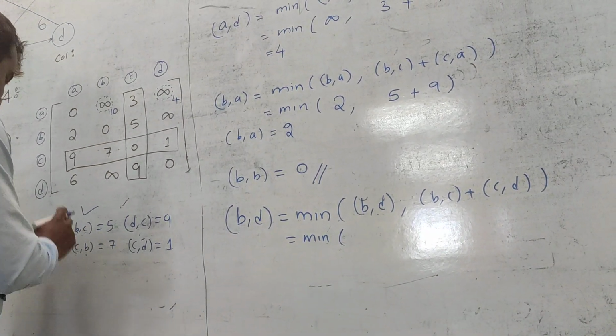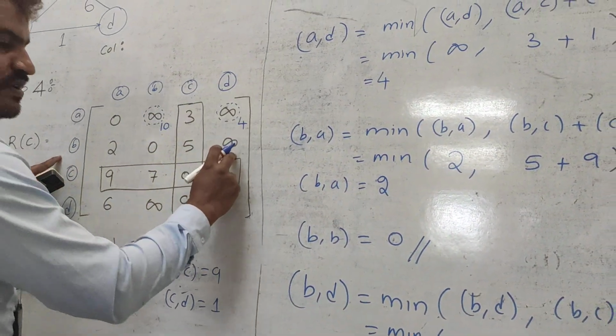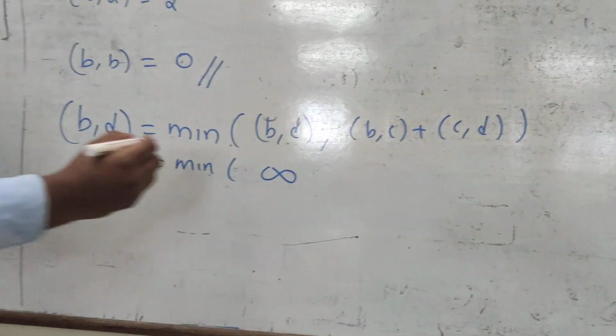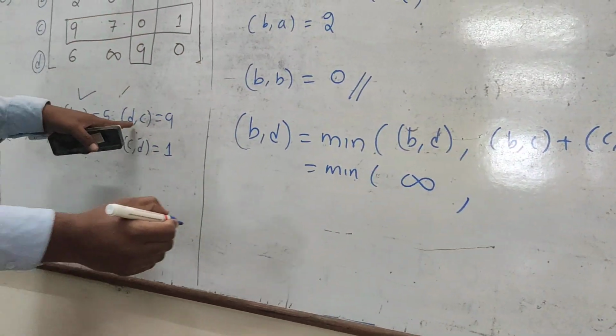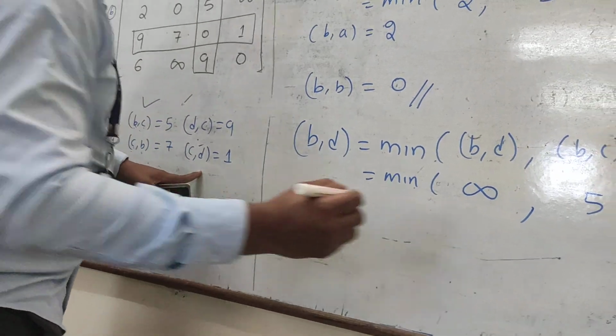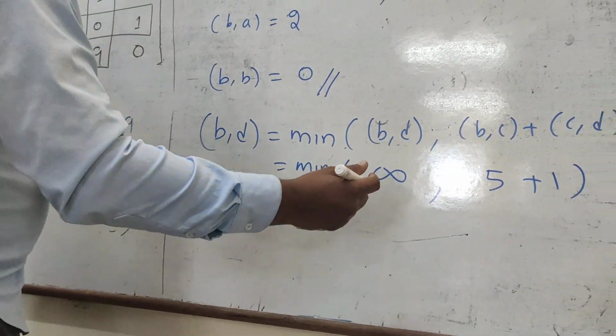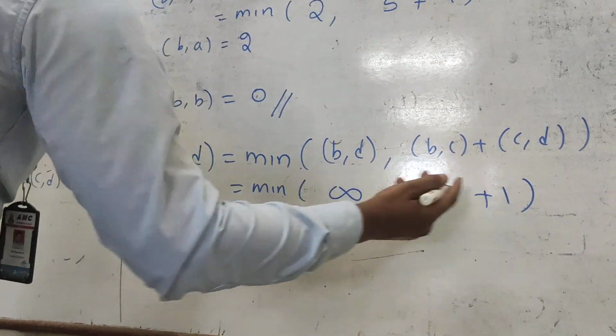B to D is infinity. Then B to C is 5 plus C to D is 1. In this the value will become 5 plus 1, 6.